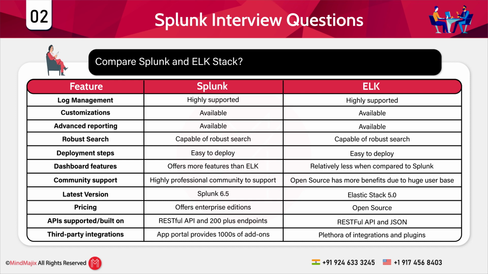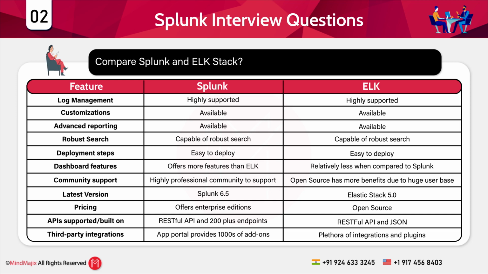Now the next point is the latest version. For Splunk, the latest version is 9.0, and in case of ELK, you have version 5.0. The next point is pricing. Splunk offers enterprise editions, and ELK is open source, so it is free of cost.